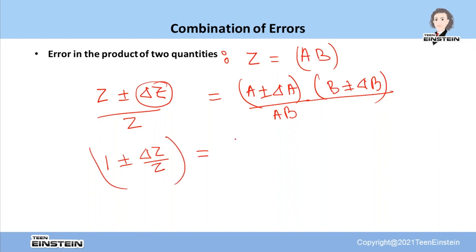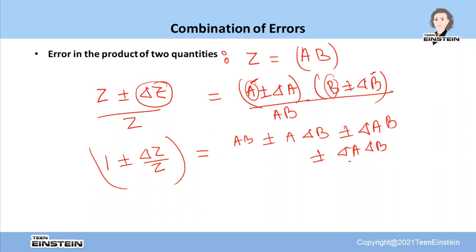Now if you multiply this, you will get ab. Then I multiply this and this, so this is plus minus a delta b. Then I multiply this one, so plus minus delta a b. Then I'll multiply this, so plus minus delta a delta b.